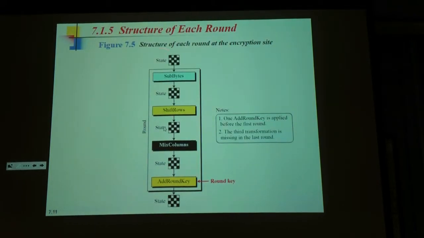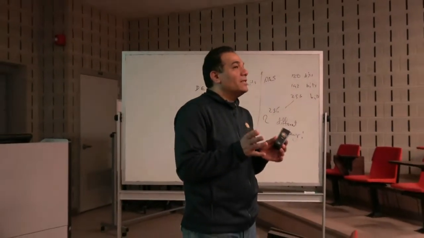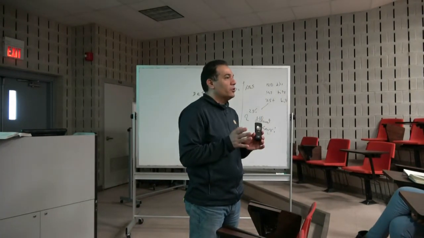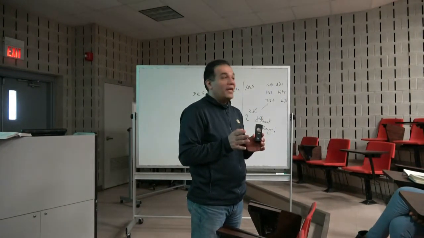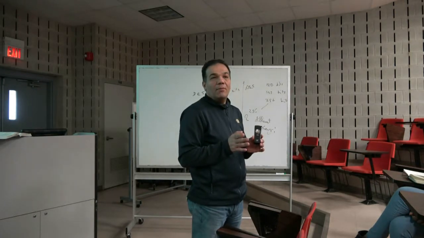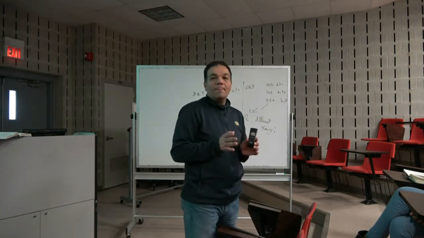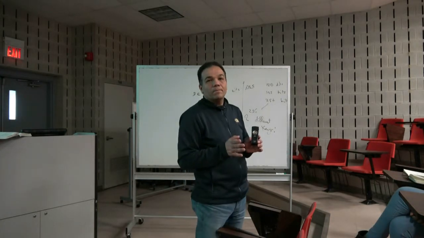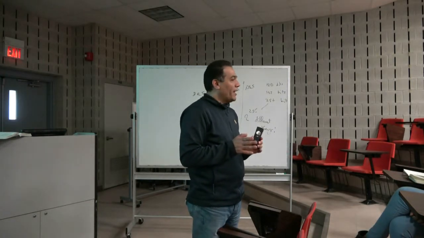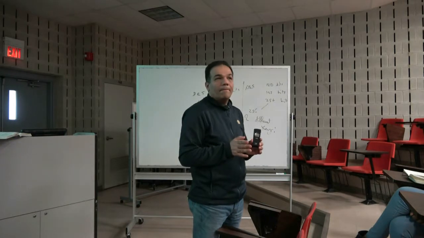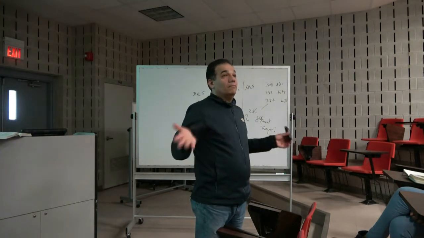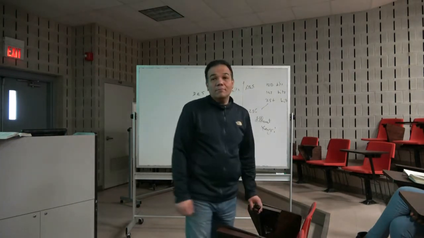Alright, so let's take a look at the structure of the round. What we are doing in here is putting our input as state. What is the size of the input? 128 bits, which is how many bytes? 128 divided by 8, how much? 16.